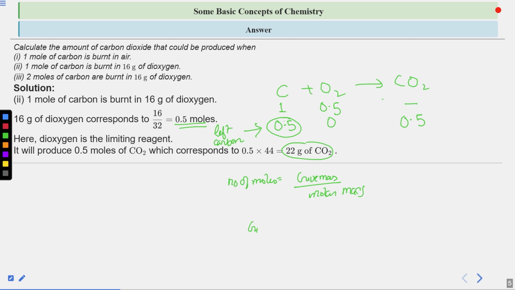So therefore, given mass can be calculated as number of moles multiplied by molar mass. Our molar mass was 44 and the number of moles is 0.5. We have to calculate the mass in gram, so we will take the molar mass, of course.